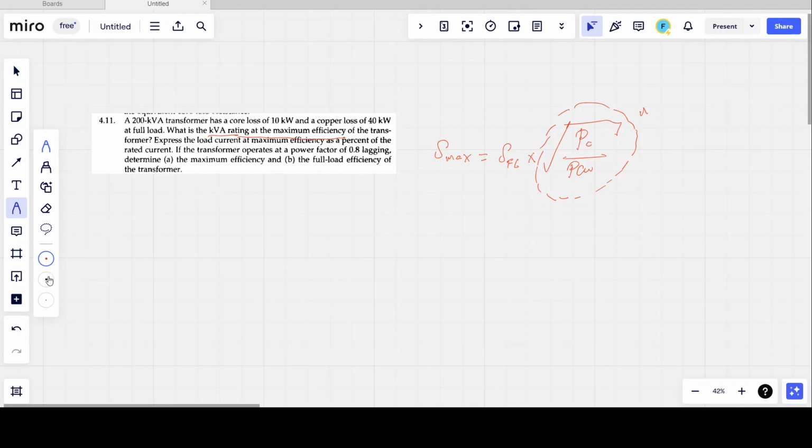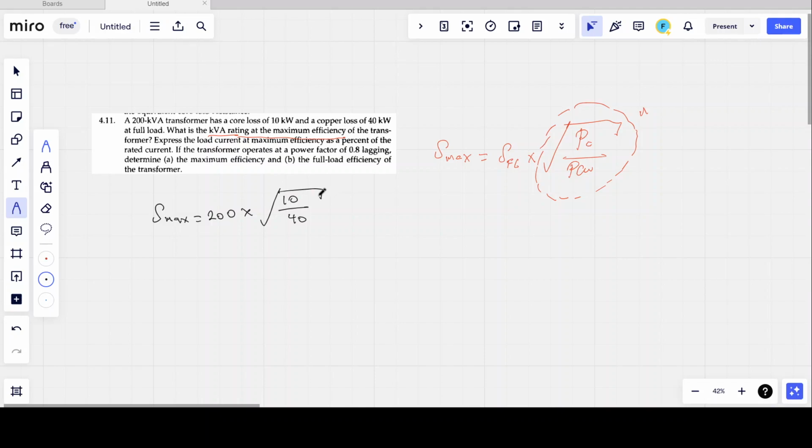So in this case, S max is equal to S full load, which is the rated kVA, 200 kVA, multiplied by the square root of 10 divided by 40, right?